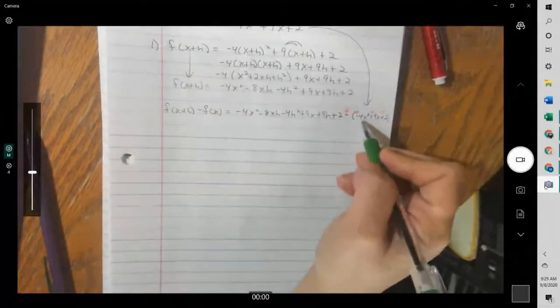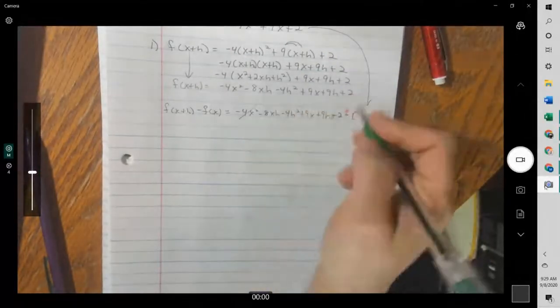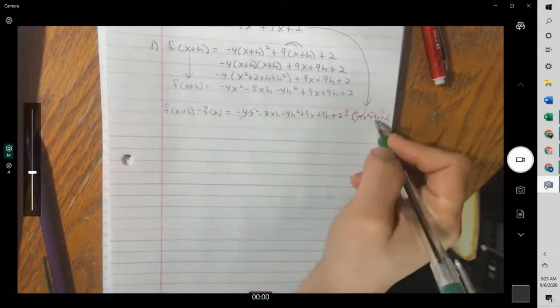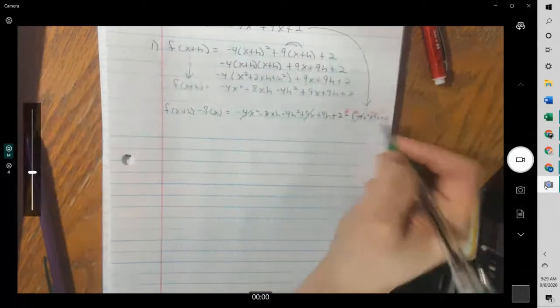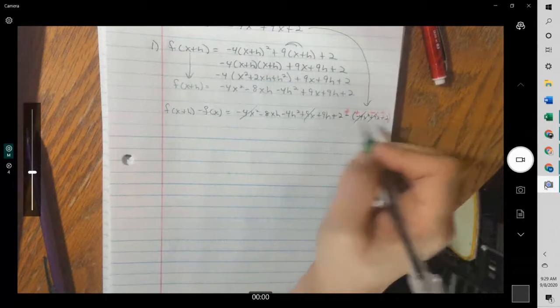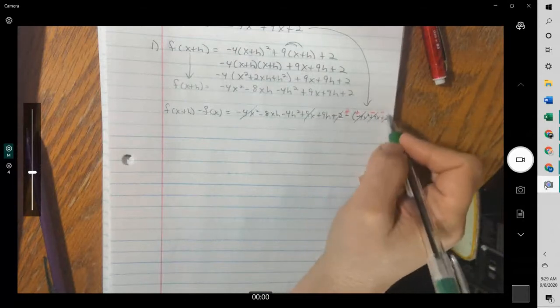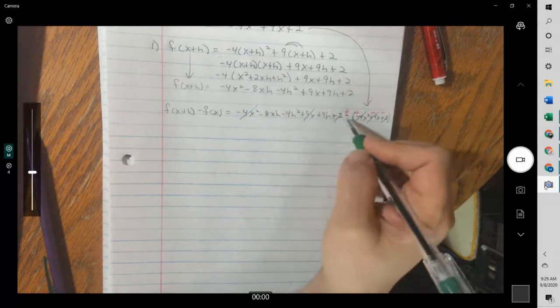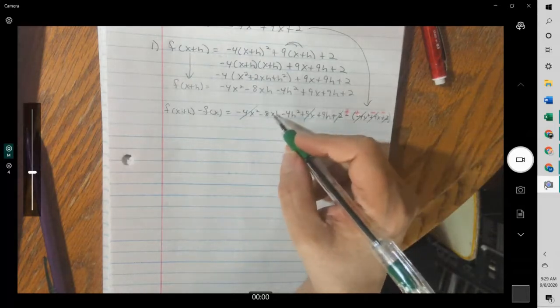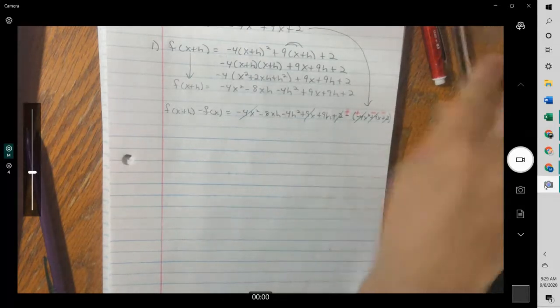Notice the negative 4x squared cancels with the plus 4x squared. The 9x is negative now, and it cancels. The minus 2 cancels with the positive 2. If these do not cancel, then you did something wrong here. And the terms that are left should all have an h in them.